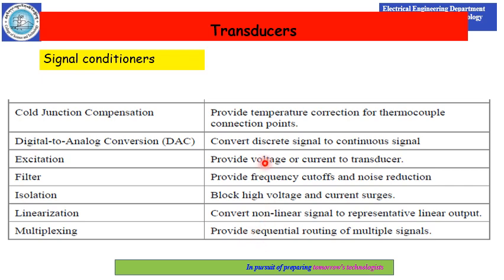Overall, these signal conditioners are important for signal processing and measurement, and understanding them can be helpful in designing and implementing measurement and control systems. So this is the summary of signal conditioners.